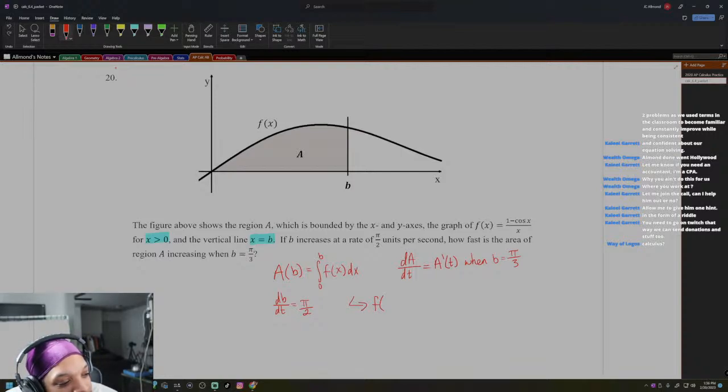The only thing is, if b is increasing at a rate of pi over 2 units per second, I want to say, no. I'm going to write it and then I'm going to explain it.